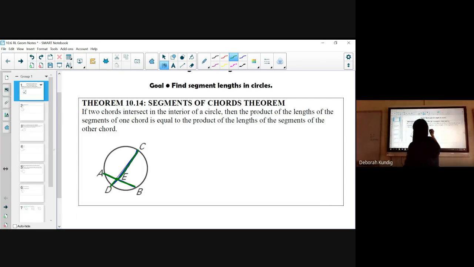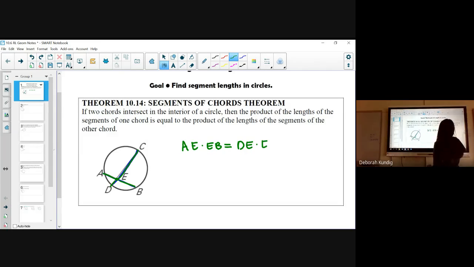So in this one, we would have AE times EB is equal to DE times EC. So this is the first type, where we have the intersection.